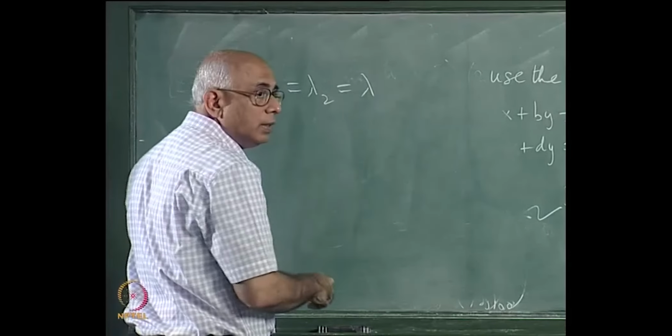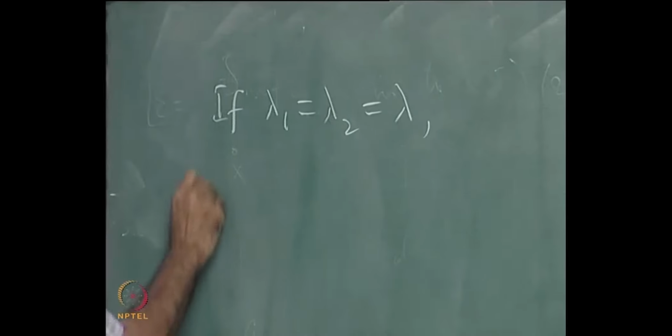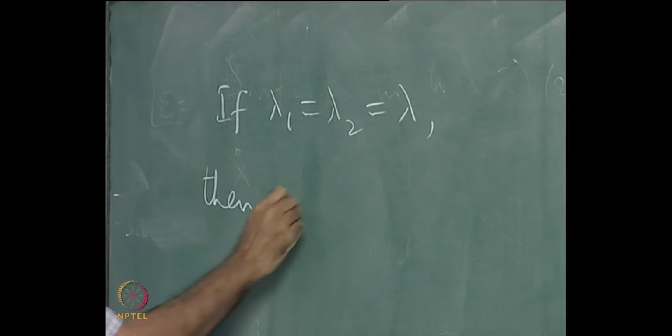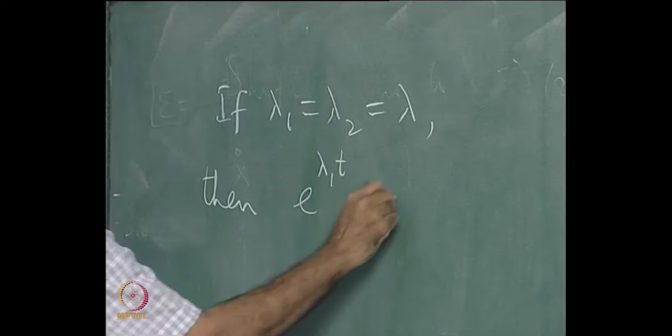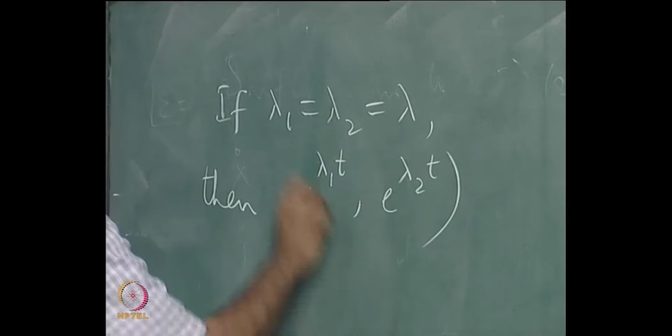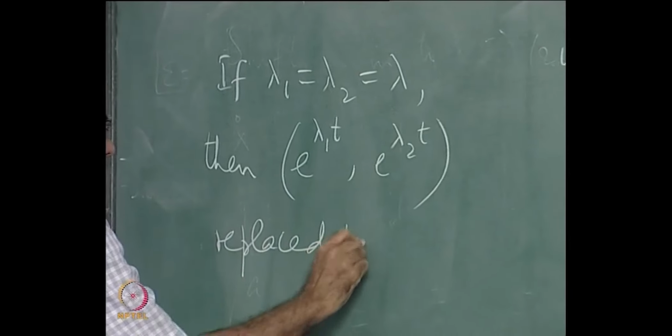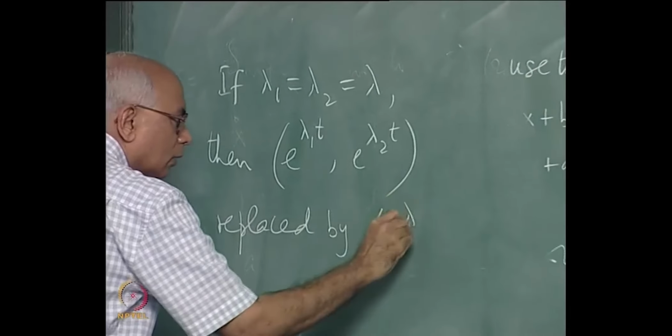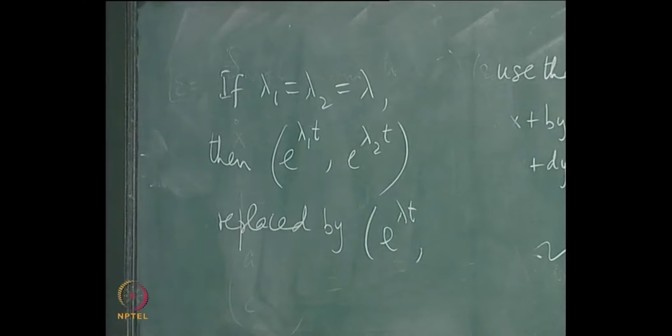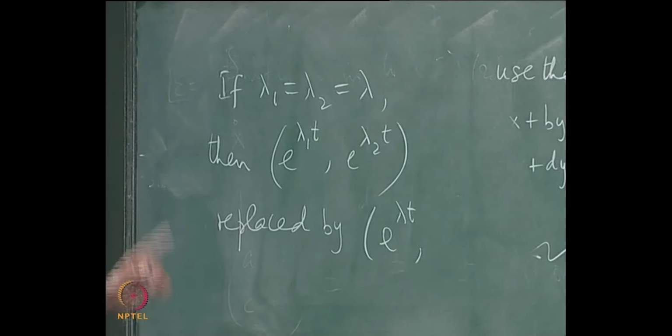No, there is no redundancy in the equations. Then e to the lambda 1 t, e to the lambda 2 t, this set is replaced by e to the lambda t, and what is the other term? t e to the lambda t.